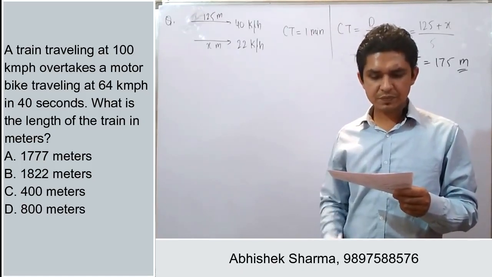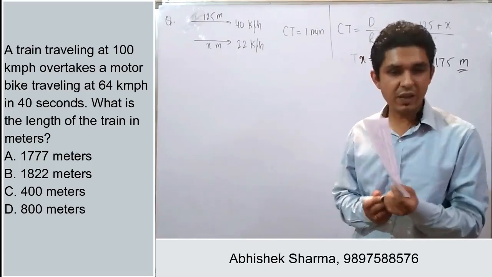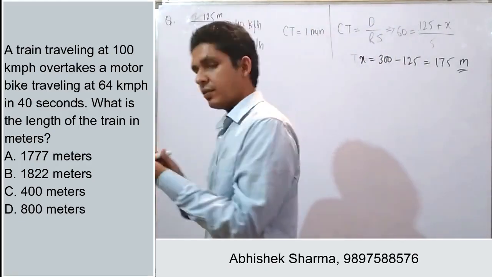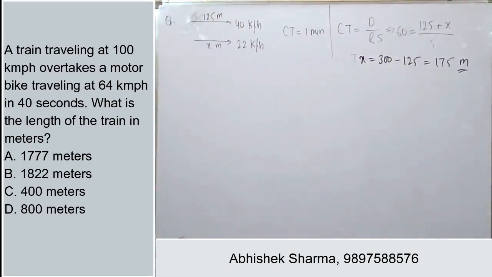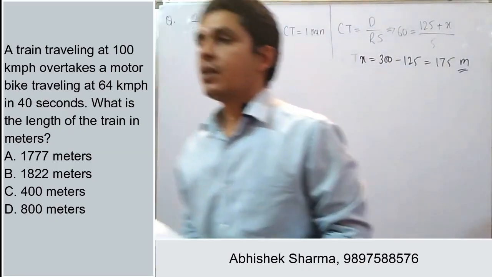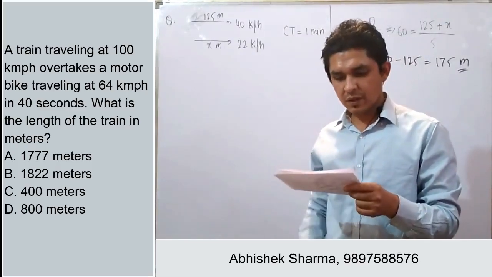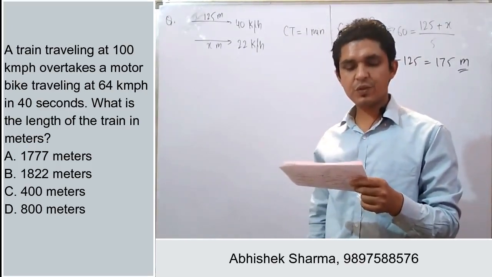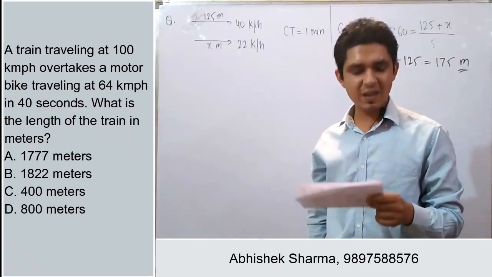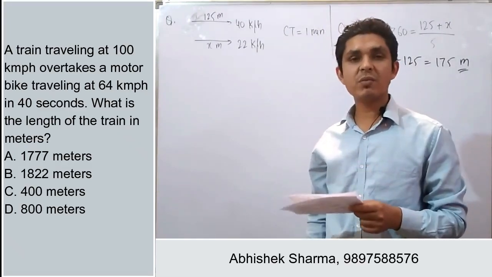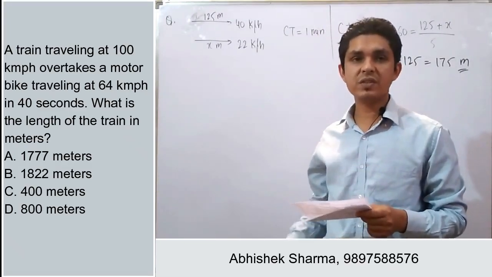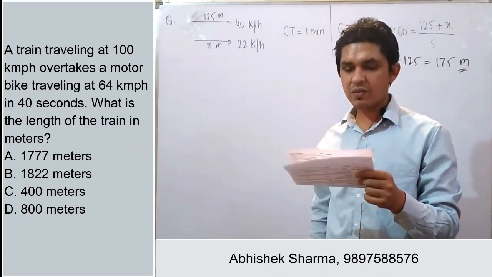Okay. So here, the speed of train is 100 km per hour and it overtakes a motorbike that is traveling at the speed of 64 km per hour in 40 seconds.